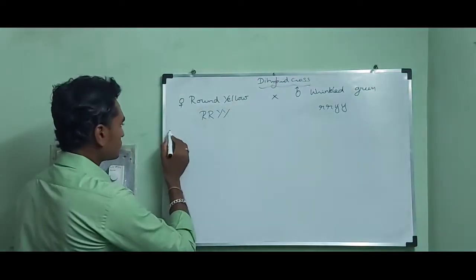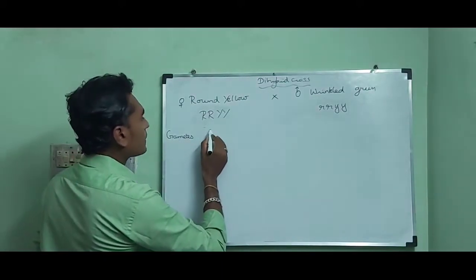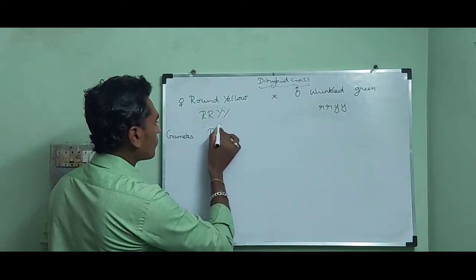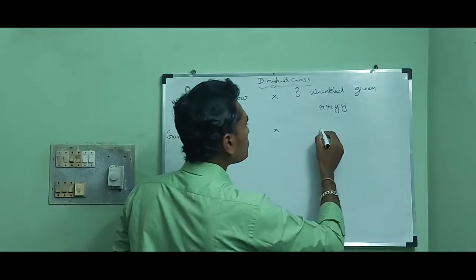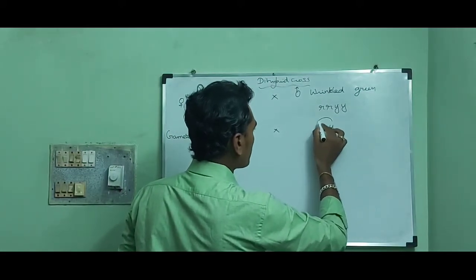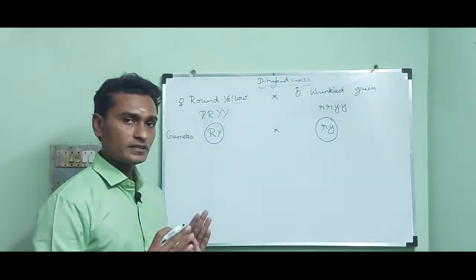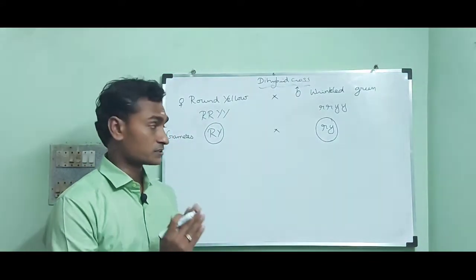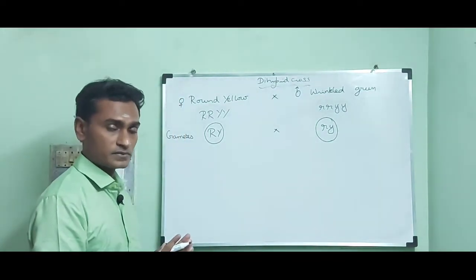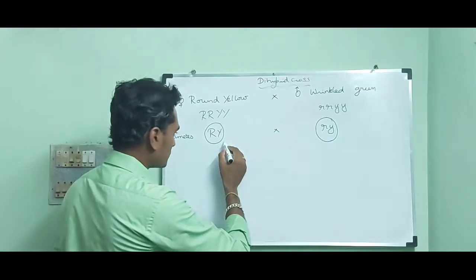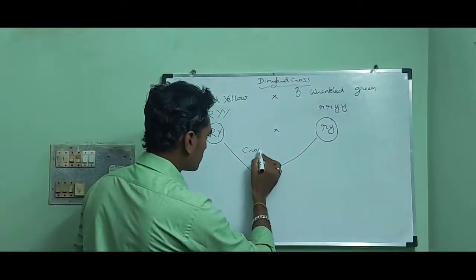So the gametes produced would be capital R, capital Y by meiosis, and small r, small y by meiosis. Then according to the second stage of the hybridization experiment, we have to make a cross pollination.